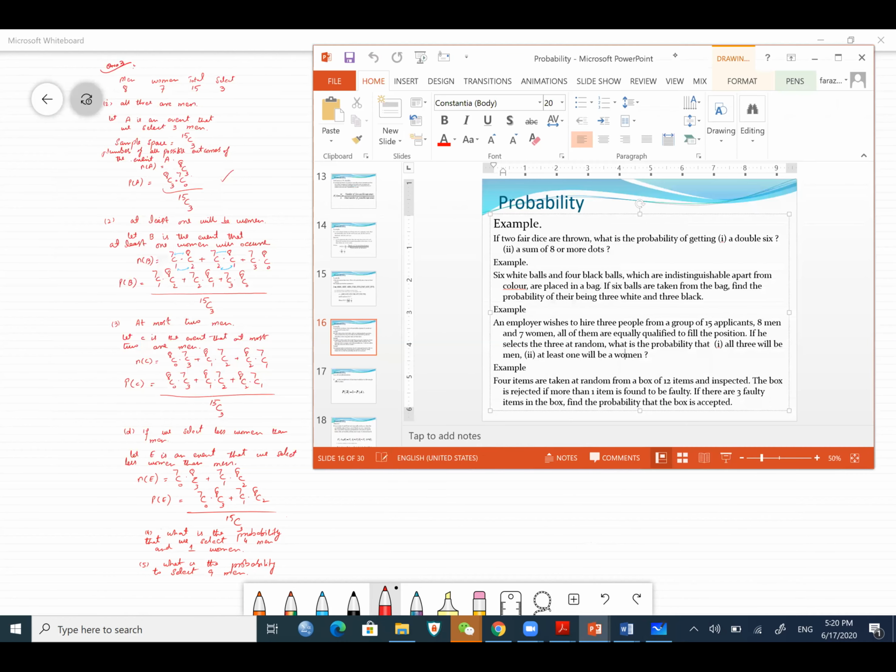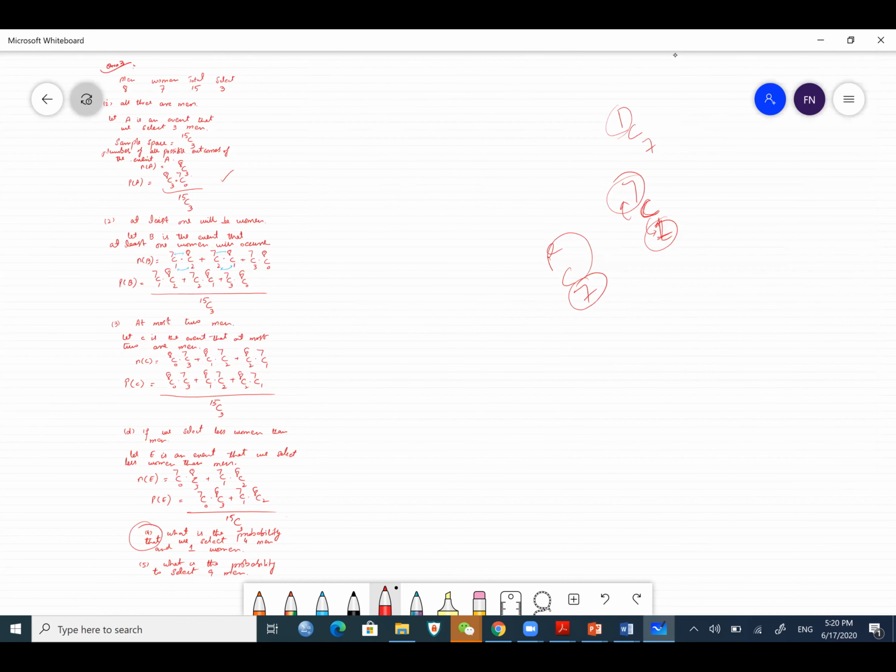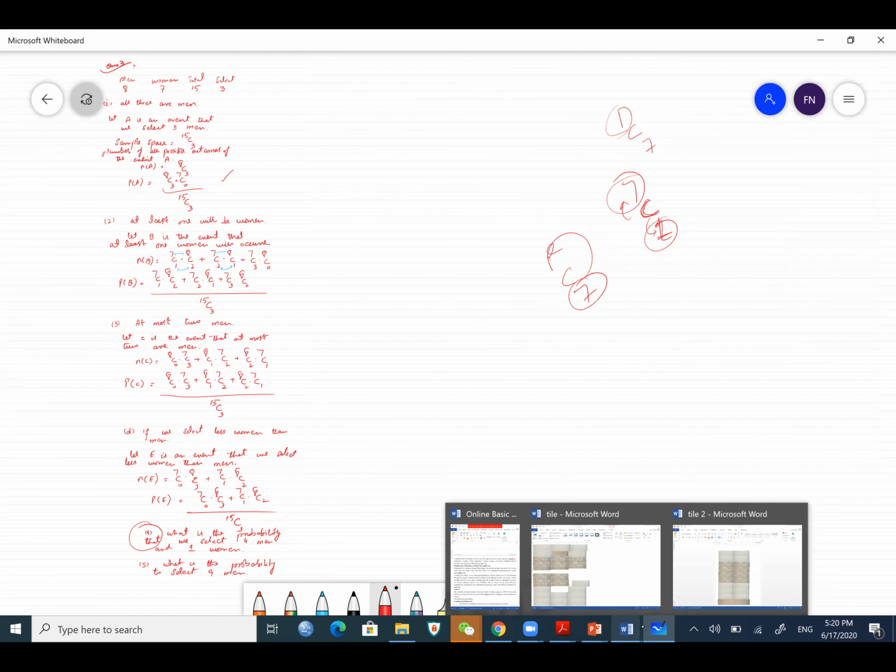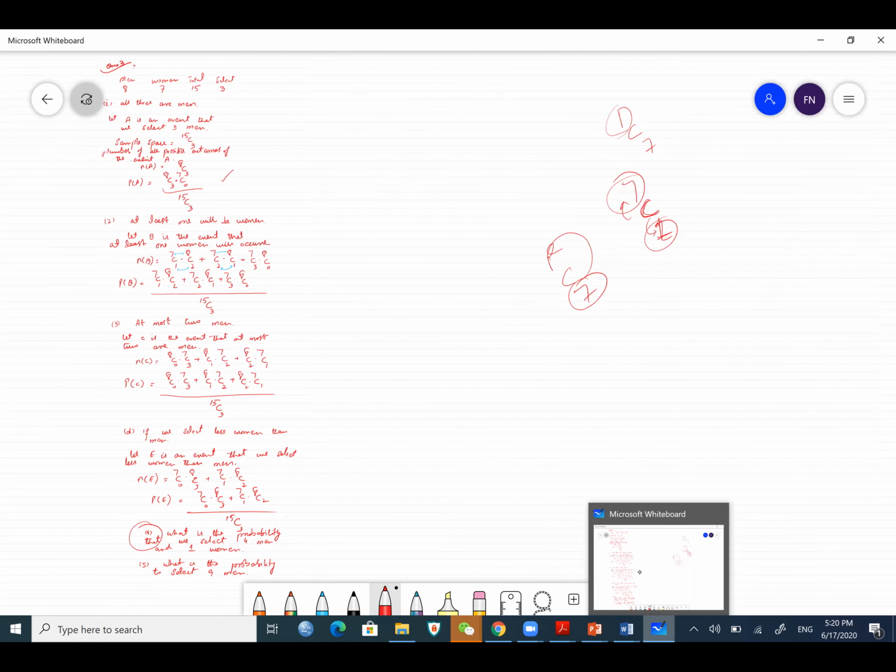In example 3, we are asked 3. So how many people are we selecting here? In which one? The one that you just asked me? This one. We're selecting 5. Yeah, so this is a valid question.